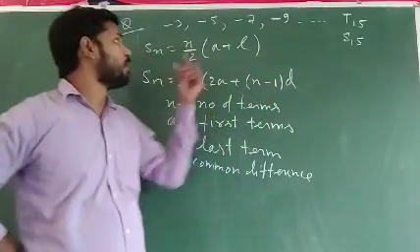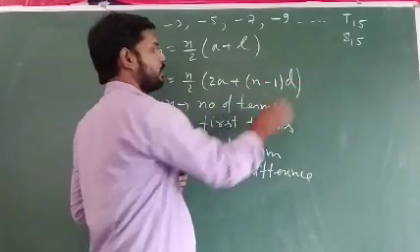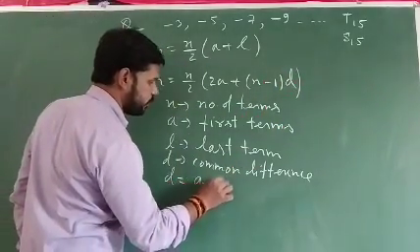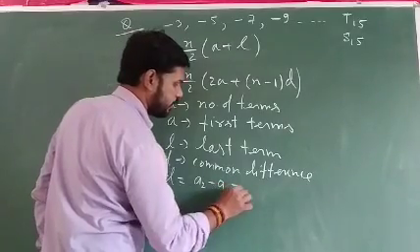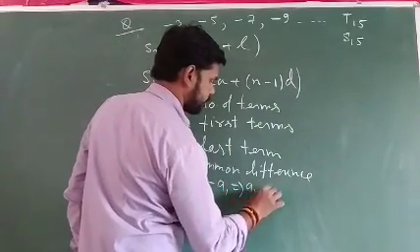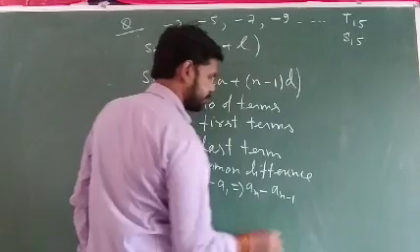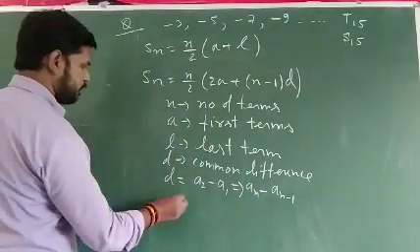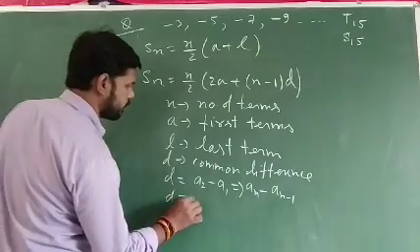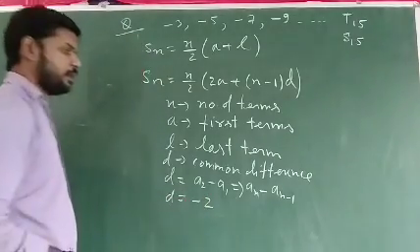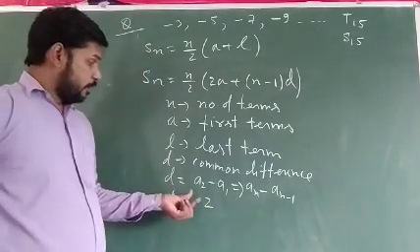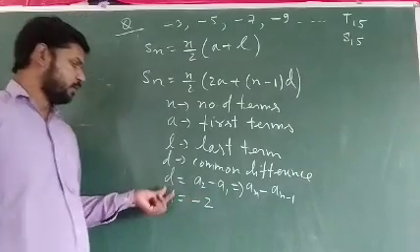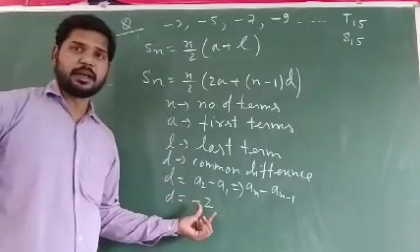D we can find with the formula I mentioned last time, a2 minus a1, or you can say an minus an minus 1. By using this we will get D equals minus 2. We have seen the whole procedure of calculating D, so directly I can write D as minus 2.